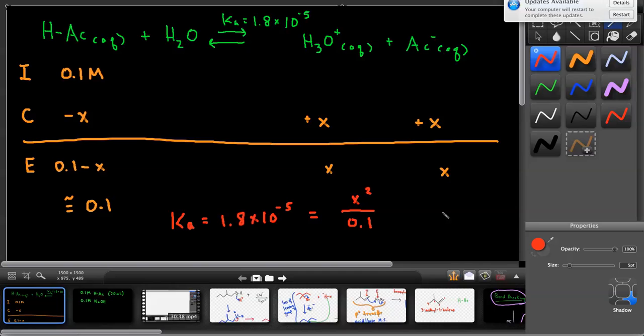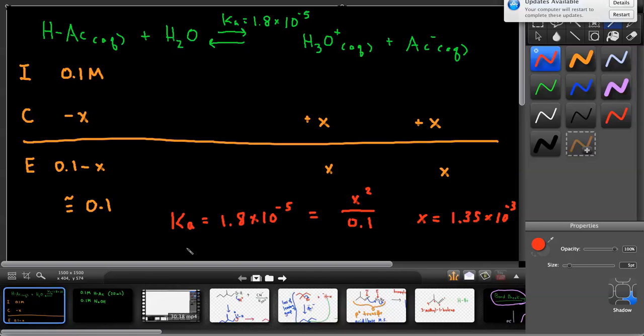We've solved this explicit mathematical equation numerous times before. Cross multiply, take the square root of both sides. You'll find that x is equal to 1.35 times 10 to the minus 3. This is equal to the concentration of hydronium.